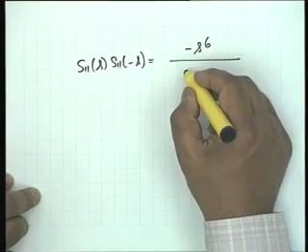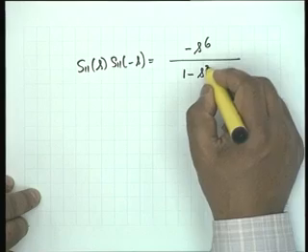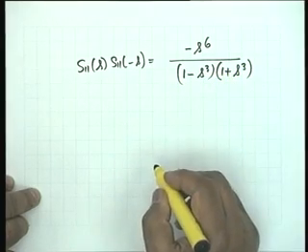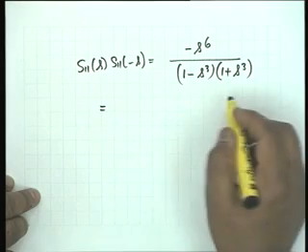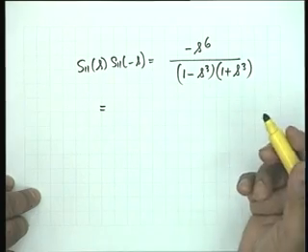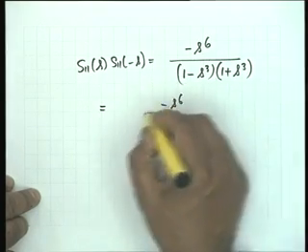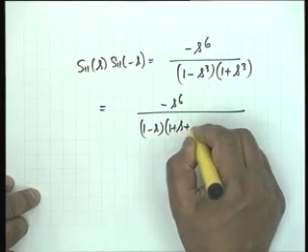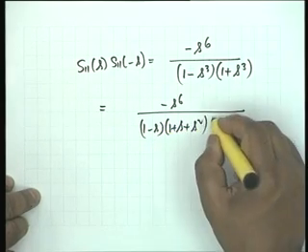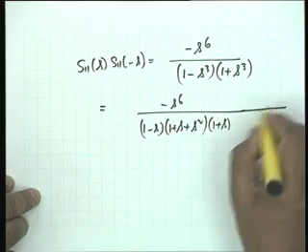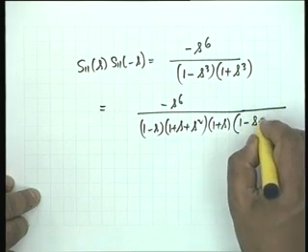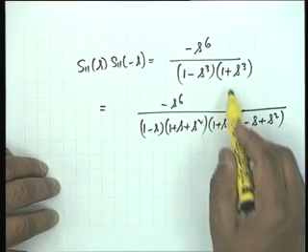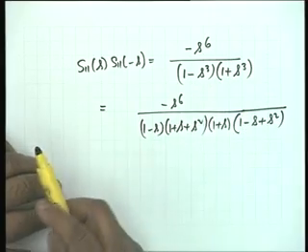Then 1 minus S to the 6 you can write as 1 minus S cubed multiplied by 1 plus S cubed. And this you can write as, let us find out the zeros, minus S to the 6, 1 minus S, 1 plus S squared, then 1 plus S, 1 minus S plus S squared. Agreed? I have factorized 1 minus S cubed and 1 plus S cubed.